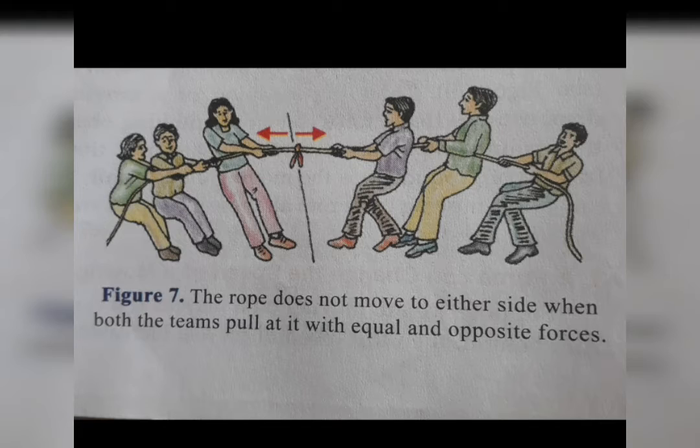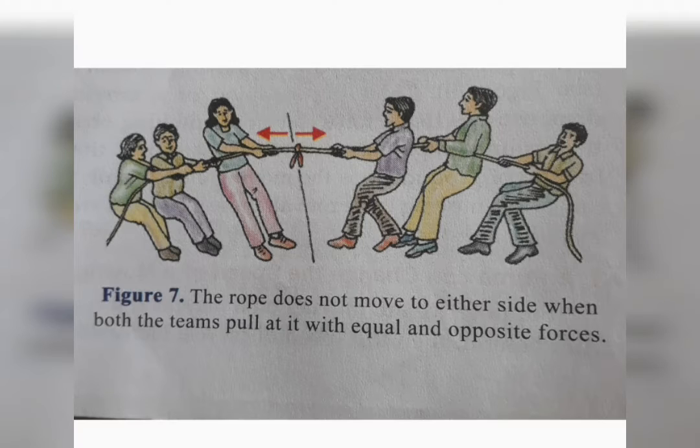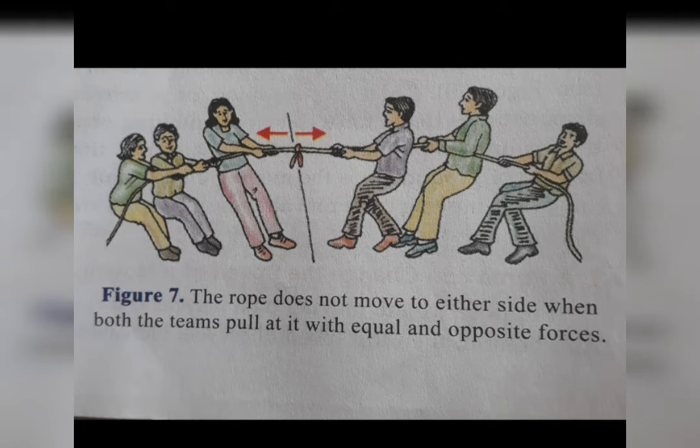Why? Because the equal and opposite forces applied on the rope cancel each other's effect, right? Because the forces are equal and opposite. So ultimately, only that team which pulls the rope harder by applying greater force wins the game. Otherwise, when both are applying equal and opposite forces, the net force is zero.